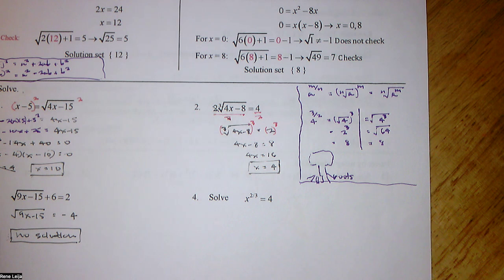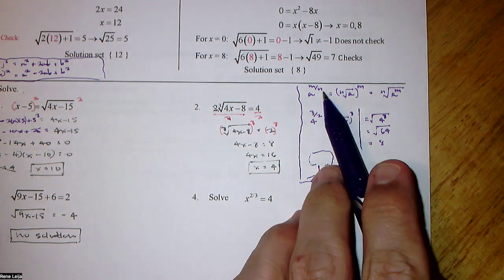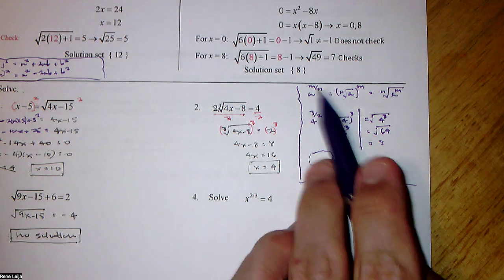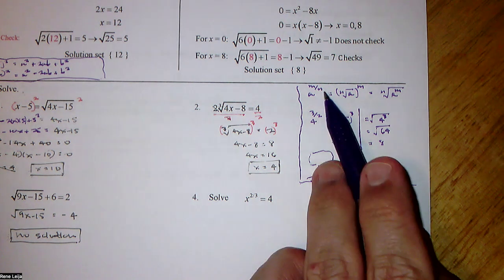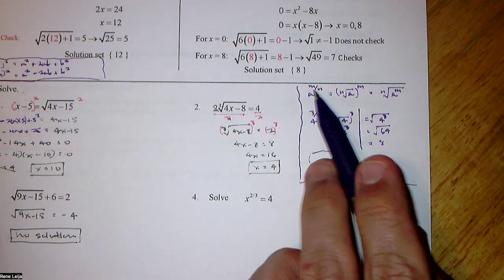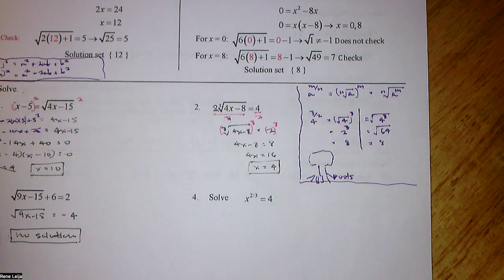So anytime you see a rational exponent, and you forget, you're thinking, wait, one of them is the exponent, the other one is the root. Which one's the root? Well, always remind yourself, roots of a tree are at the bottom. So the denominator is going to be the power of your root.